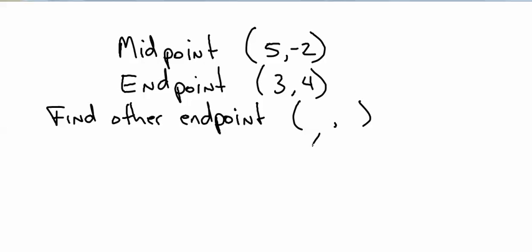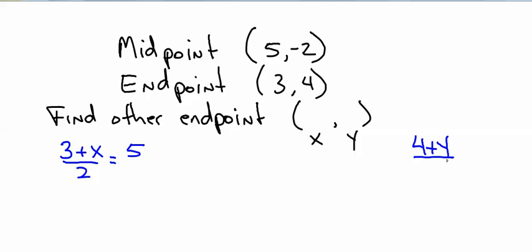So you're looking for that, aren't you? An x and a y. So set it up. You got endpoint plus endpoint equals midpoint. So for one of them, we got 3 plus an x divided by 2 equals 5. And for the y, we got 4 plus y divided by 2 equals -2.